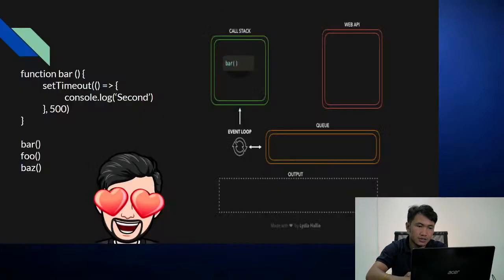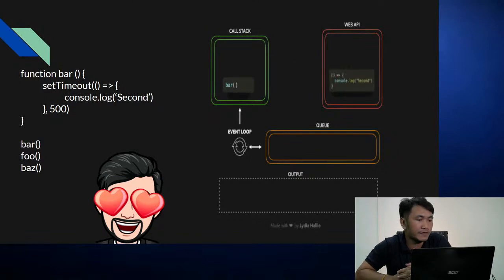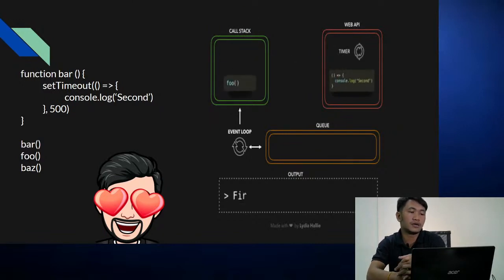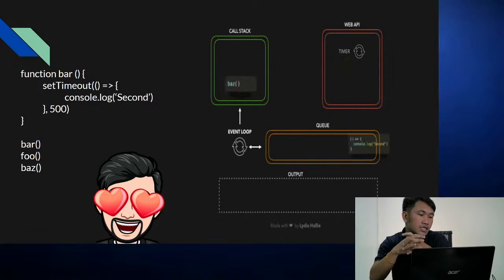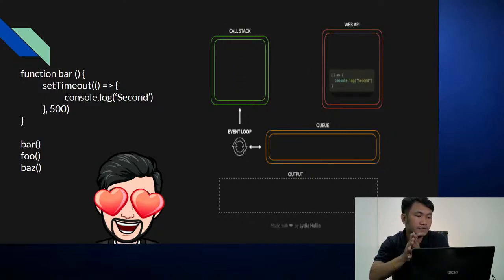All right. So let's say, for example, we have a function called bar, and then we have a setTimeout in it, and a console log, with setTimeout set for about 500 milliseconds, and then we execute those functions bar, foo and math.